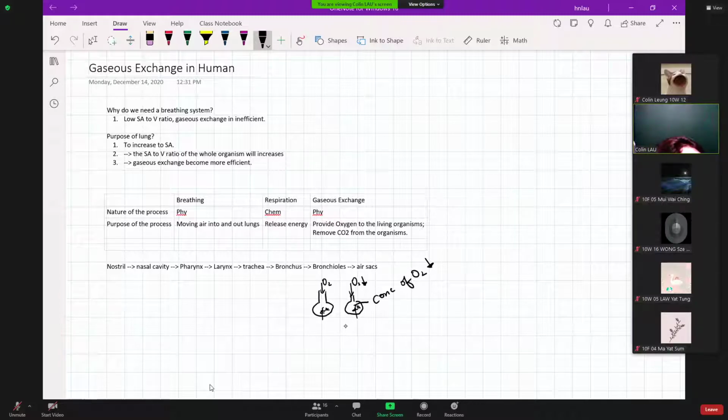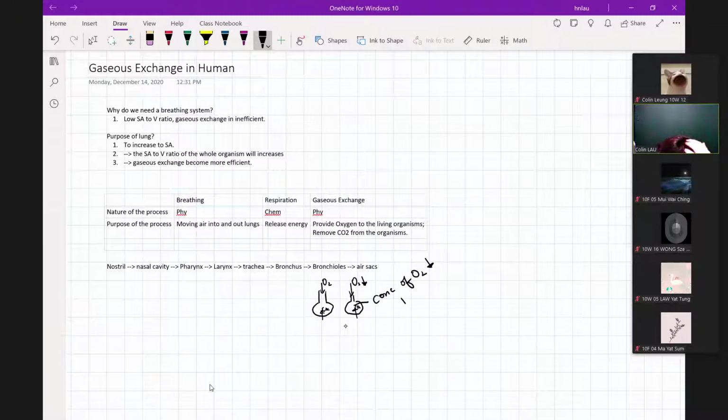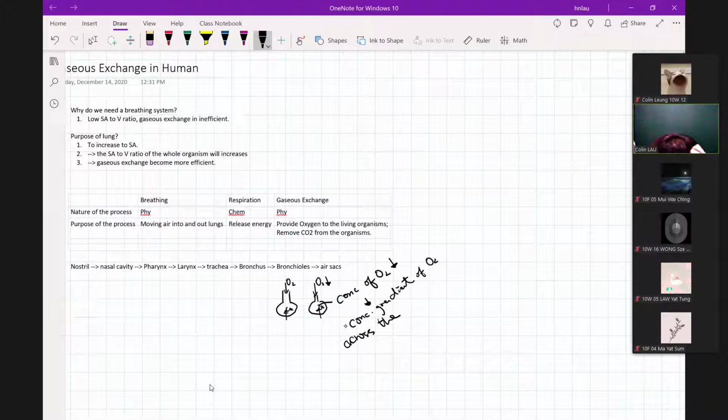So if oxygen concentration drops, then concentration gradient across of O2 啦。The wall of blood capillaries and air sac also drops.